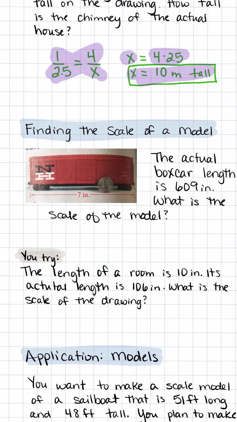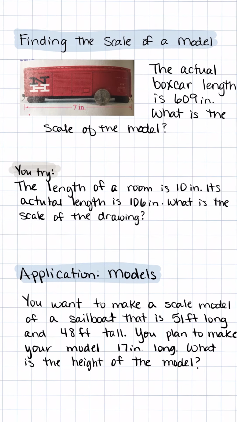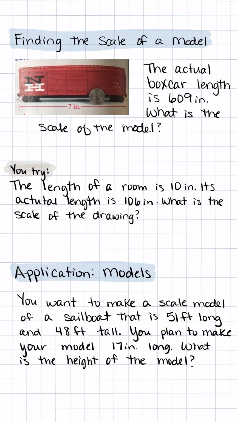Okay, so now let's look at this one. Finding the scale of a model. This is a model train. The actual boxcar length is 609 inches. What is the scale of the model? For this one, we are trying to find what the scale is.